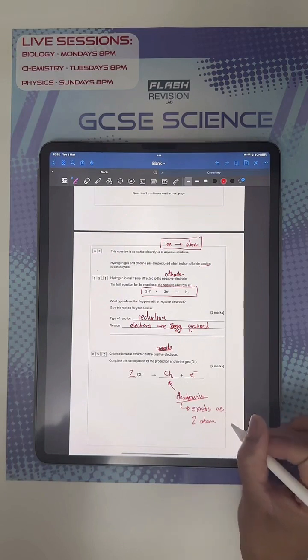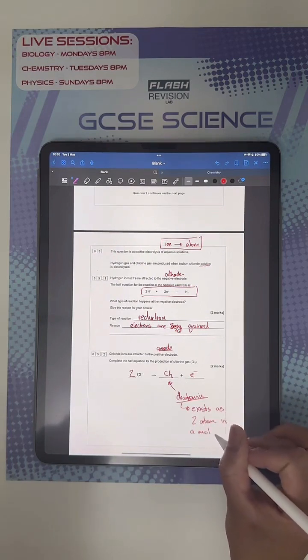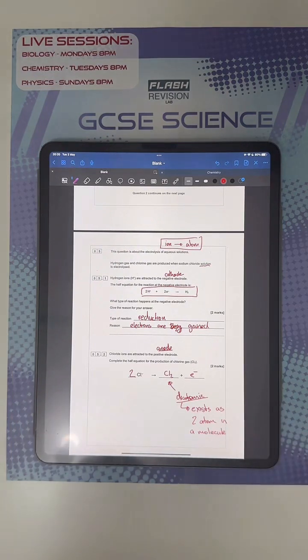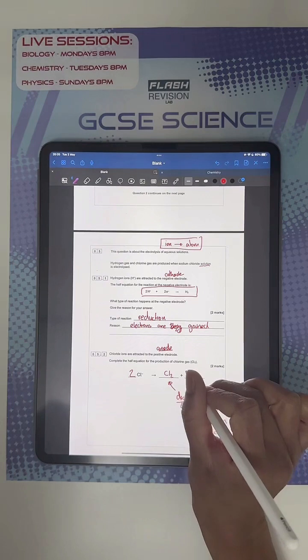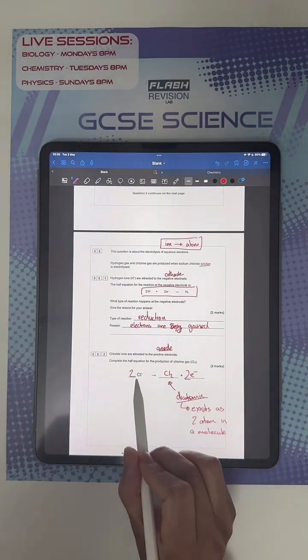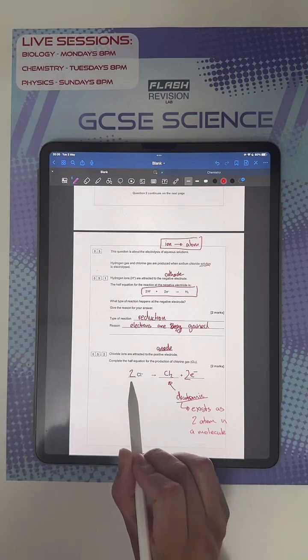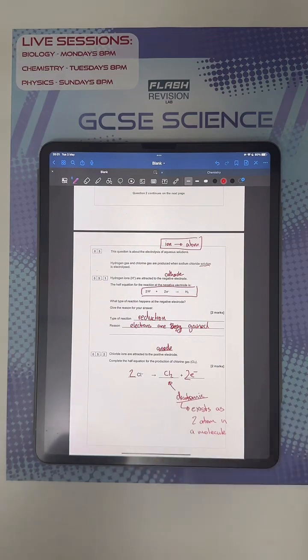So one molecule of chlorine has 2 chlorine atoms in it. That's what diatomic means. There are just some elements which are diatomic. You just need to memorize them, basically. 2 electrons. Good. Well done for those of you who spotted that. It needs to be balanced, guys. Each chlorine ion loses 1 electron. So if you have 2 chlorine atoms, you're going to lose 2 electrons. That's why.